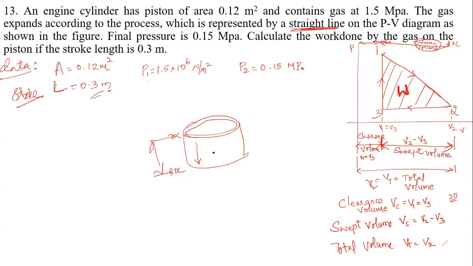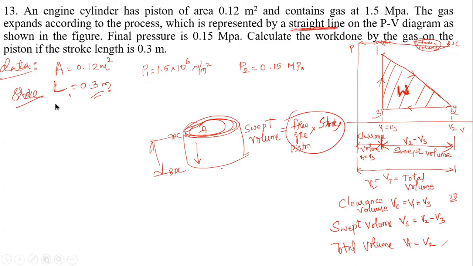That thing is given. How to calculate volume? From the cross-sectional area of this piston and this stroke. Therefore, swept volume you can calculate as the cross-sectional area of the piston multiplied by the stroke, the movement of the piston from top dead center to bottom dead center. That's why they have given area and length to calculate swept volume. Therefore, let us calculate the swept volume first.